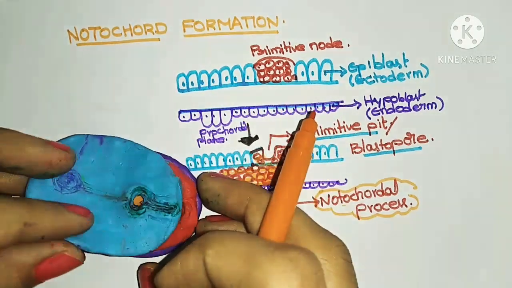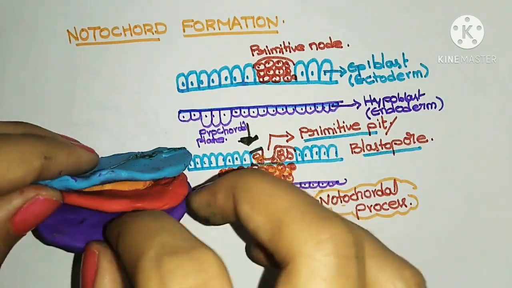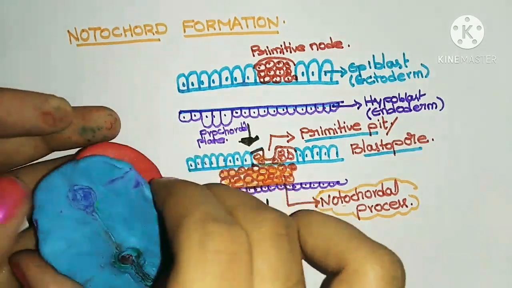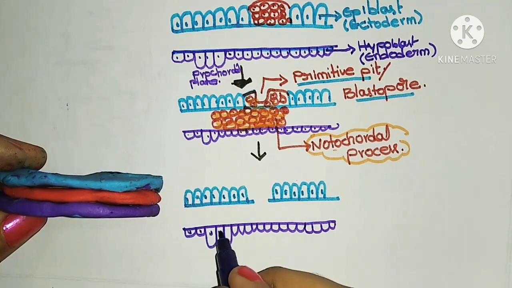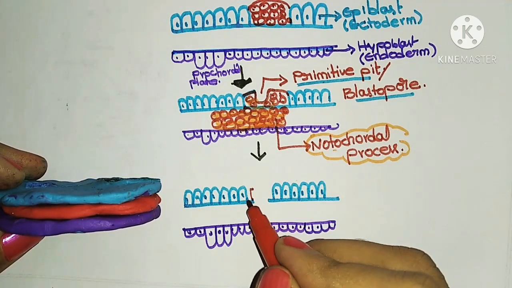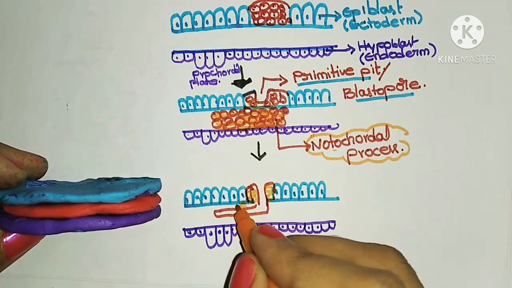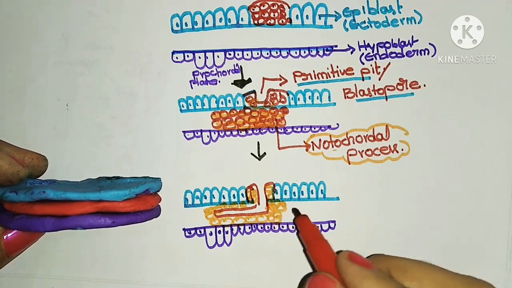We can see the notochordal process, which is formed by the migration of the primitive streak cells through the primitive node. Now a canal will be formed in the notochordal process, which is called the notochordal canal.